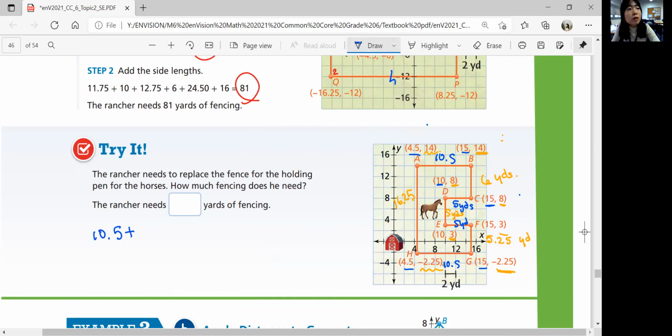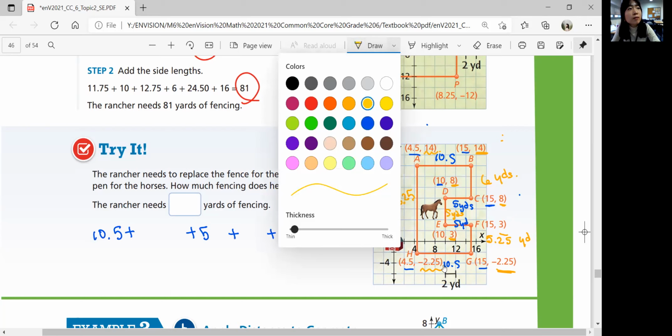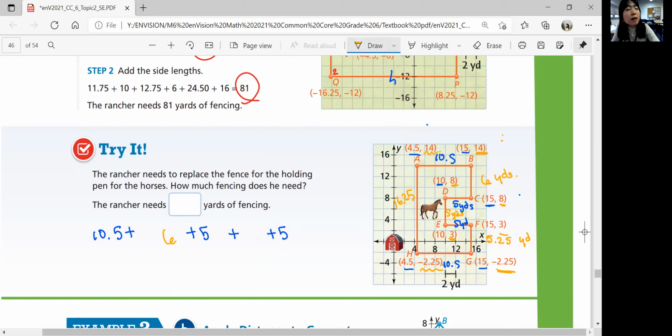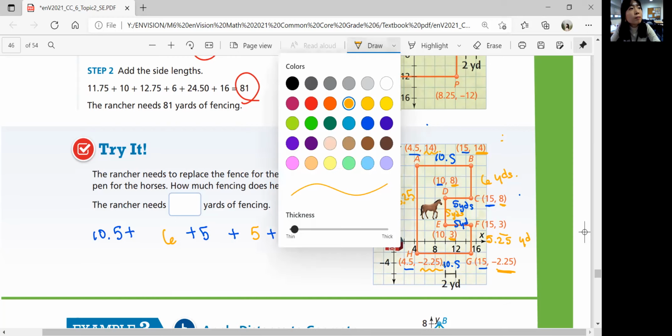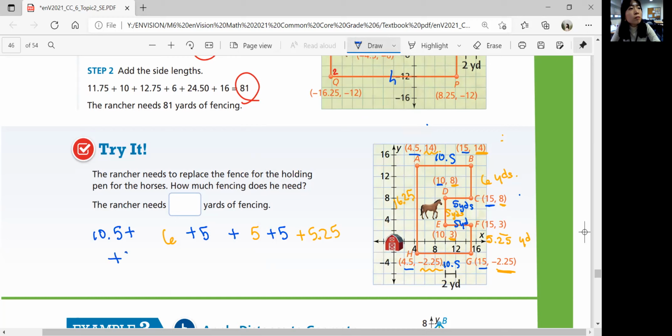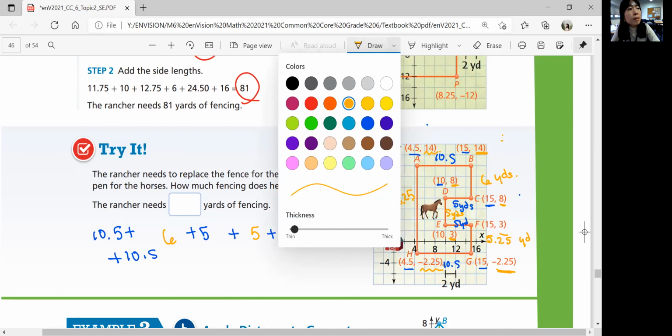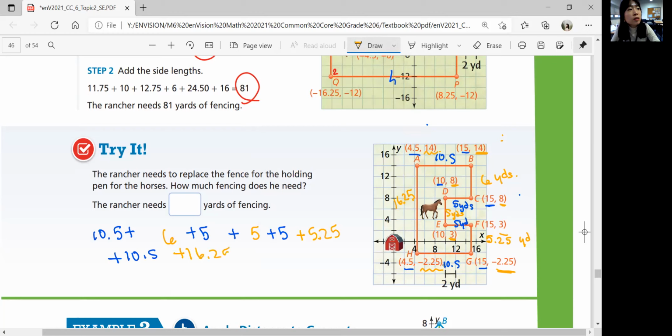So you add all these numbers. I'm going to use different colors to match. 10.5 plus 6 yards plus 5 plus 5 plus 5 plus 5.25 plus 10.5 plus 16.25.